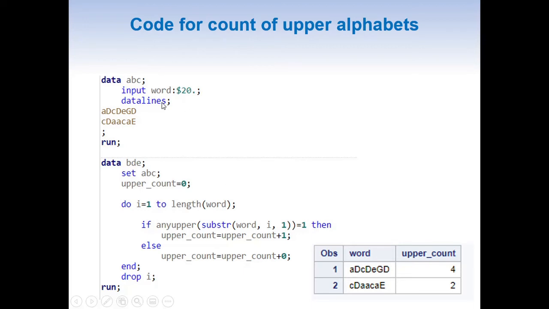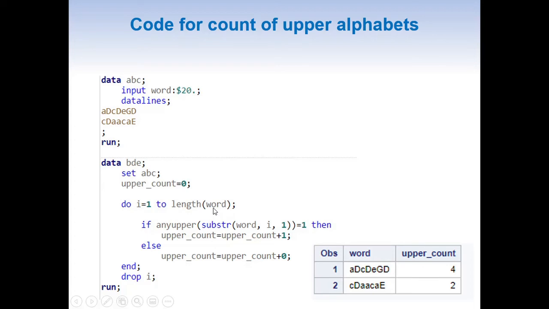Word is the variable on which we want to find the count of uppercase letters. Then I say if any upper of substr word, I comma 1 equals 1, then upper underscore count equals upper underscore count plus 1, else upper underscore count equals upper underscore count plus 0. Then we end this do loop with an end statement, and we also drop I.